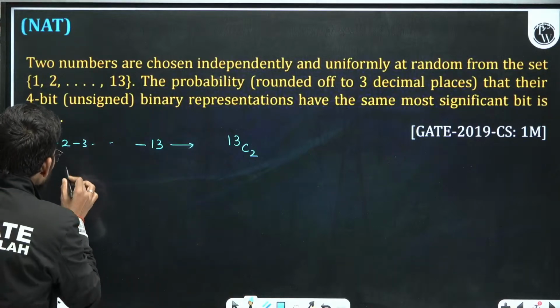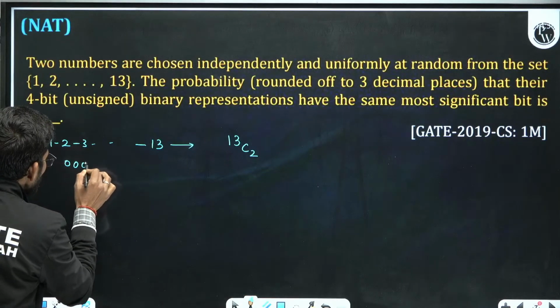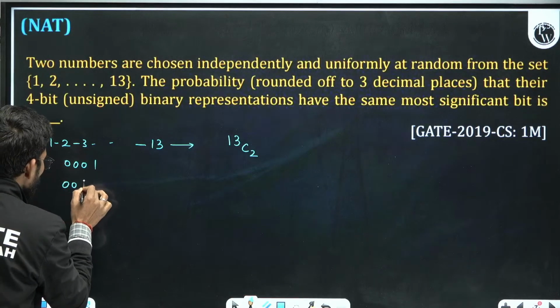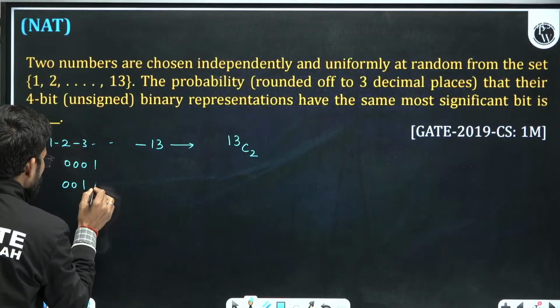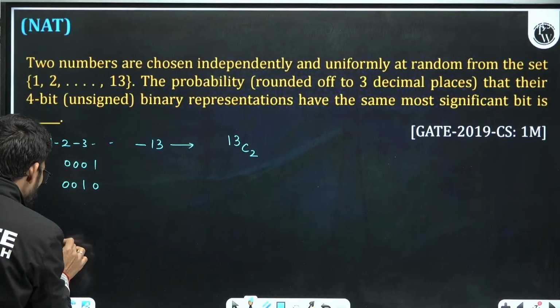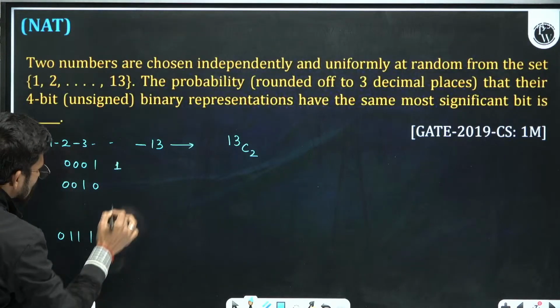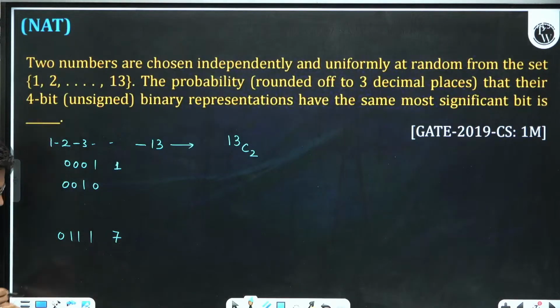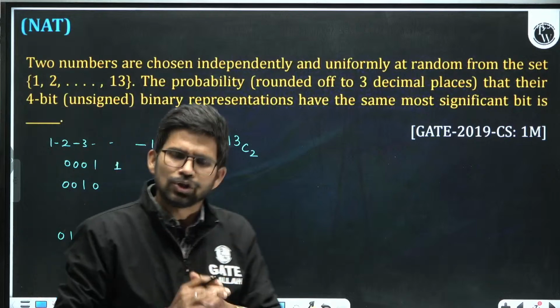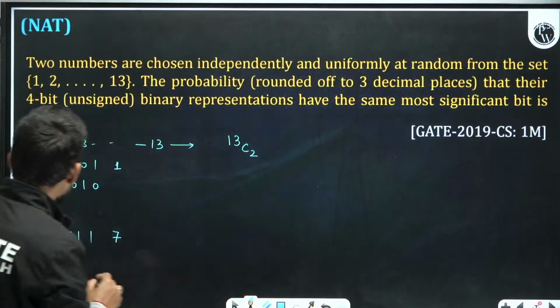So in how many combinations will the two chosen numbers have the same MSB? Write down the numbers: 1 is 0001, 2 is 0010, and so on up to 0111. From 1 to 7, the MSB is 0.